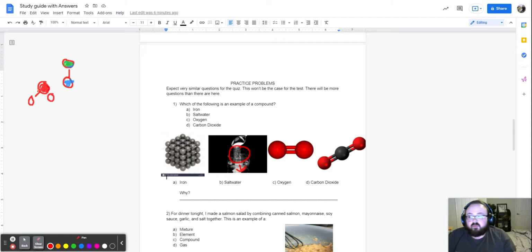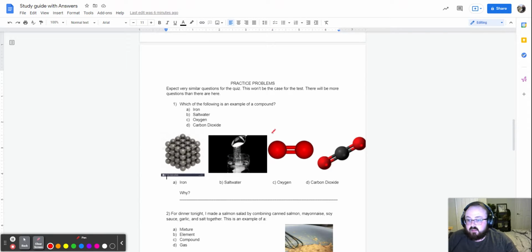This is a very rough approximation. We're going to learn a lot more, but just note that we have the salt here and the water, and they're kind of chilling, right? They are mixing together, but that does not make this connection. That would make it a compound, but because that is not there, this is a mixture.